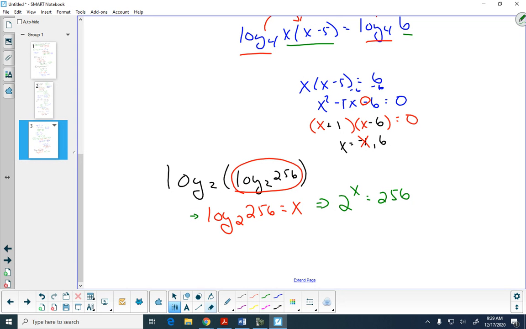So go ahead and take the natural log or log of both sides, divide by ln of 2 if you want. Riley, what did it come down to?